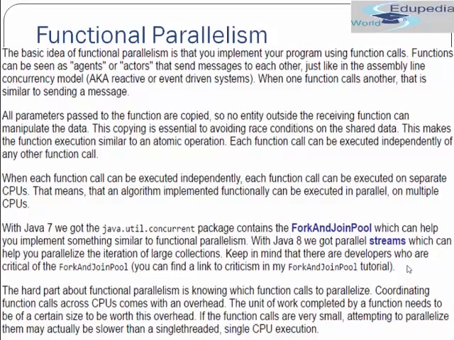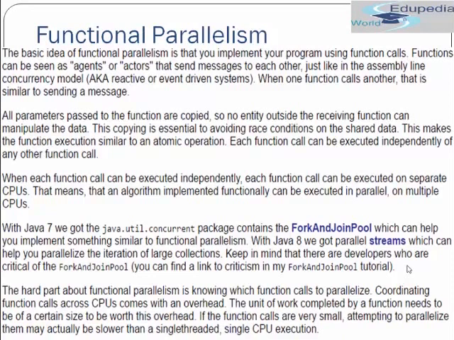Each function call can be executed independently of any other function call. When each function call can be executed independently, each can be executed on a separate CPU. That means an algorithm implemented functionally can be executed in parallel on multiple CPUs.